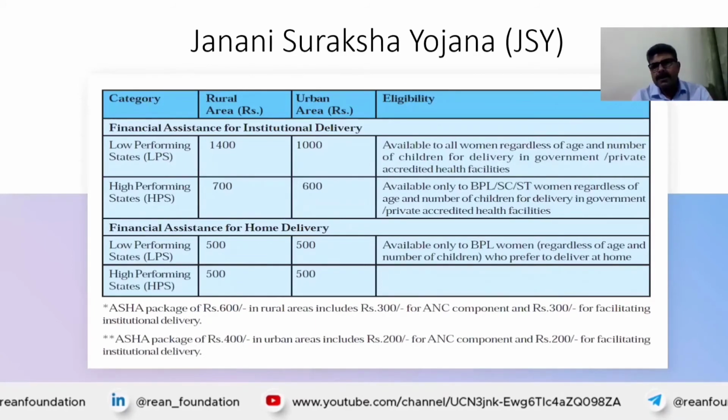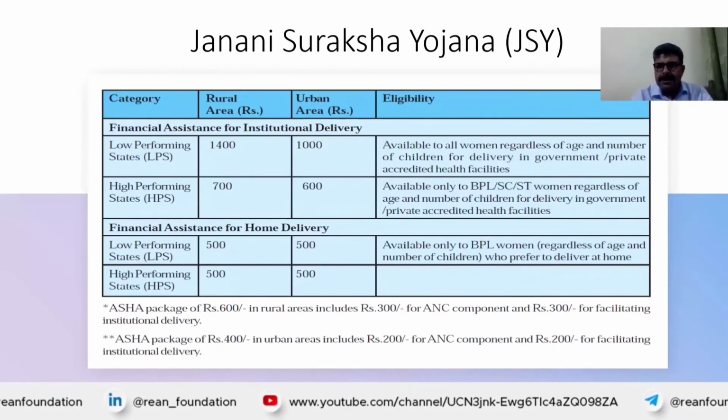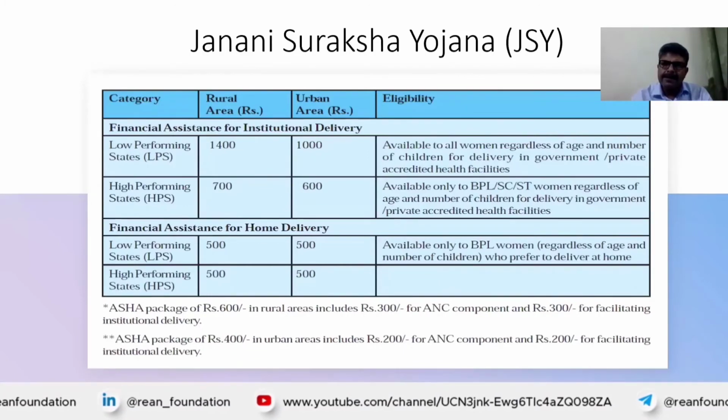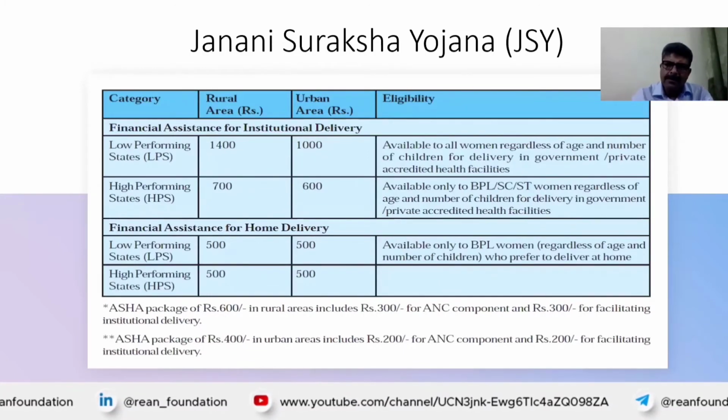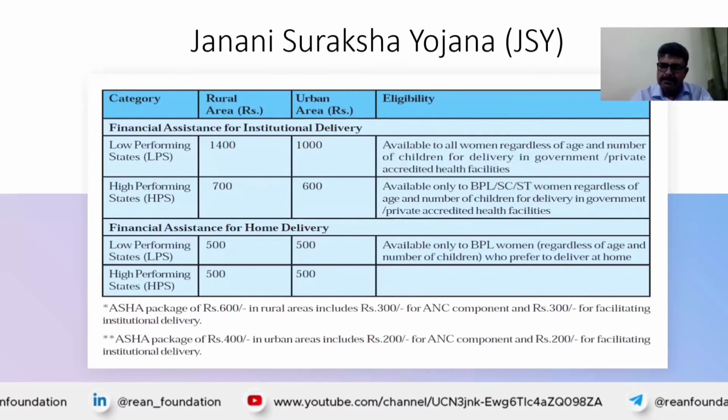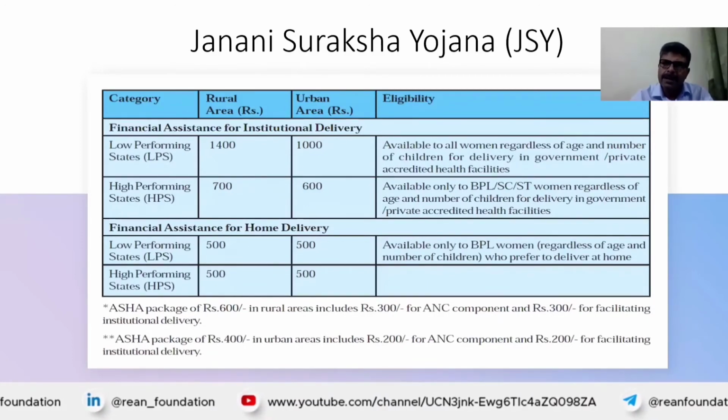Yeah, this I was talking about, Janani Suraksha Yojana, and you can see here we have low performing states and high performing states. Let me tell you about some low performing states, in which the indicators are very bad, where maternal deaths and infant deaths are more in number.